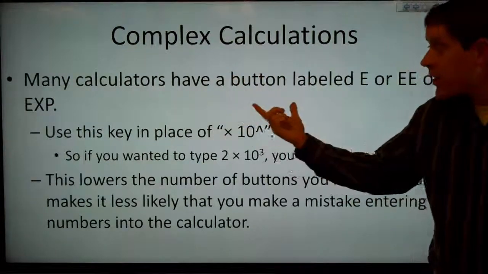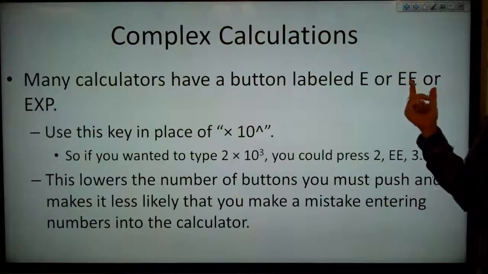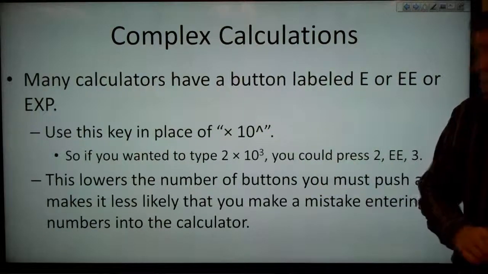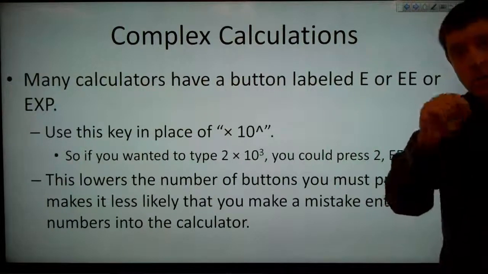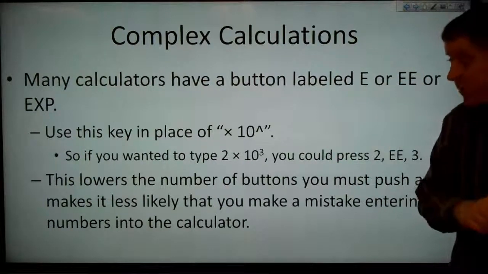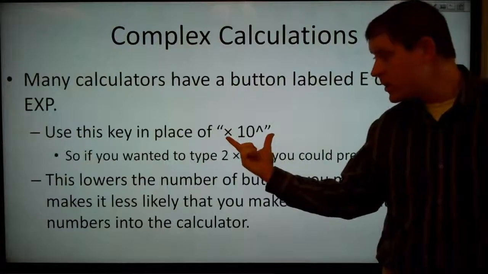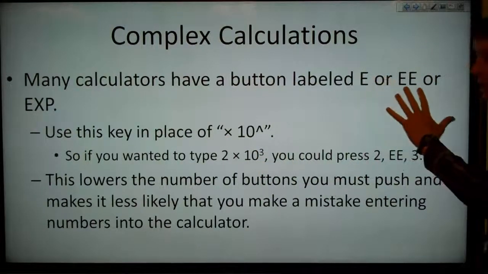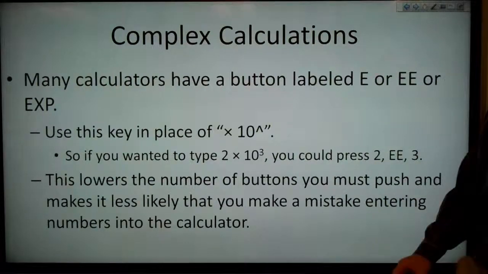Many calculators have a button labeled E or EE or EXP, and you can use this key in place of the times button, the 1, the 0, and the caret button. I definitely recommend using this button, whether it's labeled E or EE or EXP.